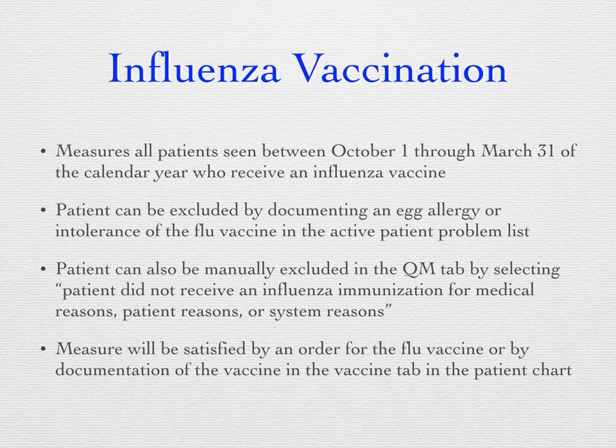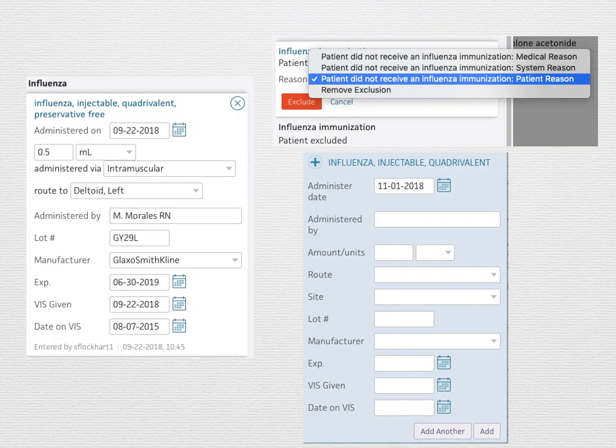The measure itself will be satisfied by an order for the flu vaccine or by documentation of the vaccine in the vaccine tab of the patient's chart. The actual documentation does not need to be received. We can go by the patient's verbal report. These are a few screenshots of the different ways to satisfy this measure.